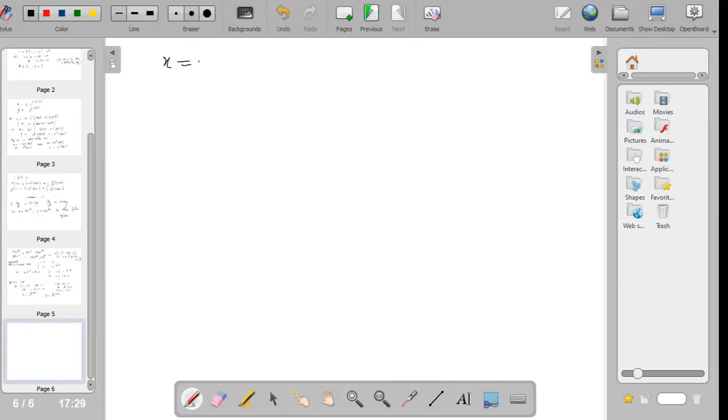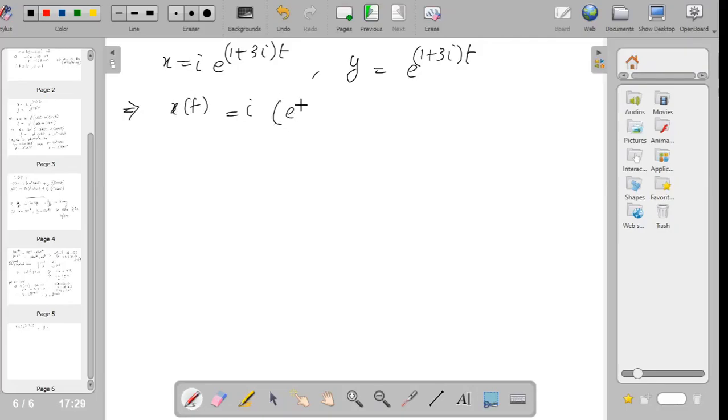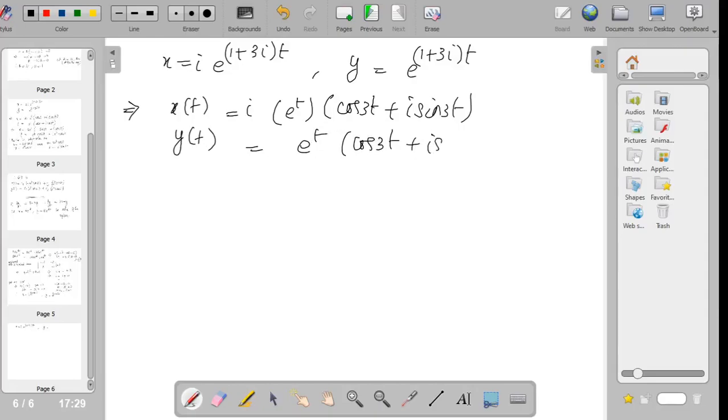So x of t is i e raised to t times cos 3t plus i sin 3t, and y of t is e raised to t times cos 3t plus i sin 3t. So now take the real parts in both and the imaginary parts in both.